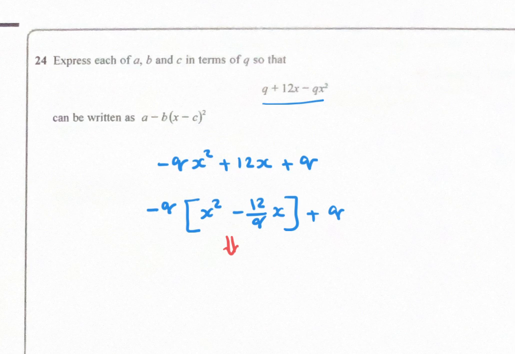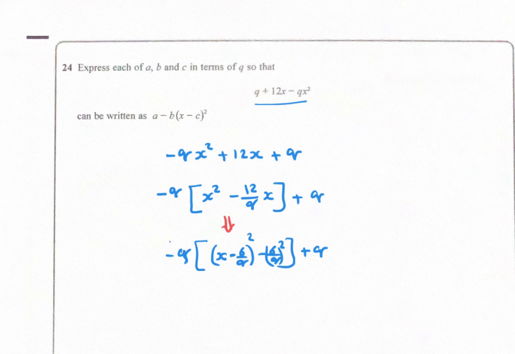Now we can convert this to vertex form using completing the square, so we can write this bracket as, don't forget negative q first, bracket squared minus number squared. In this bracket we have x squared, so write x. Half the coefficient of x: we have negative 12 over q, half of 12 is 6, so negative 6 over q, and write 6 over q all squared outside, plus q.